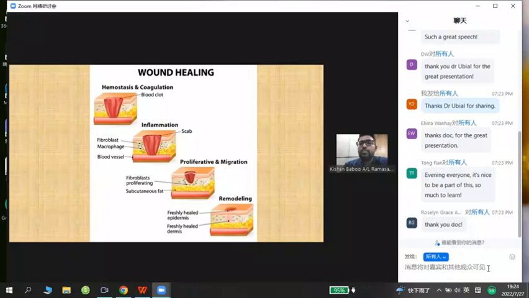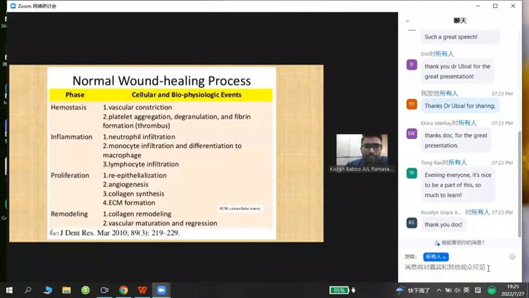If any of this is prolonged, for example a prolonged inflammation, this will lead to a chronic wound or non-healing wound, or will temper with its healing. Okay, so this is what usually occurs in the 4 stages of wound healing.